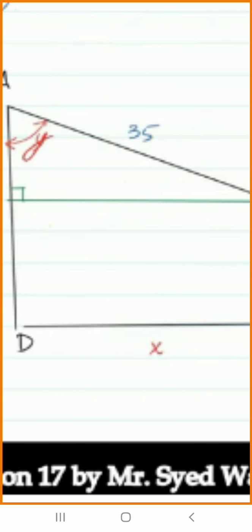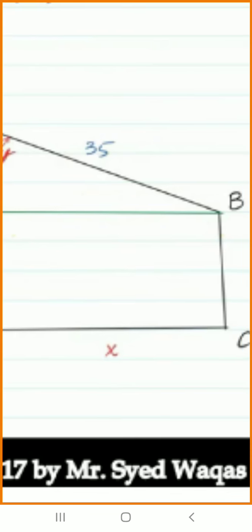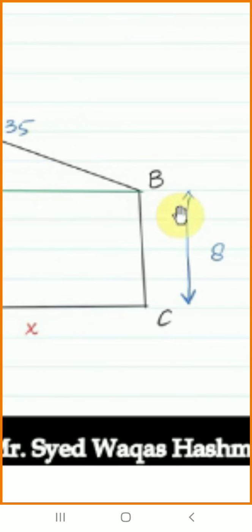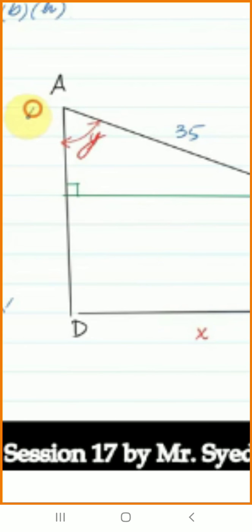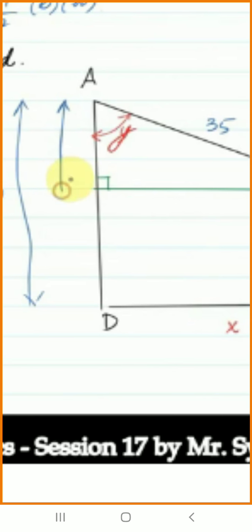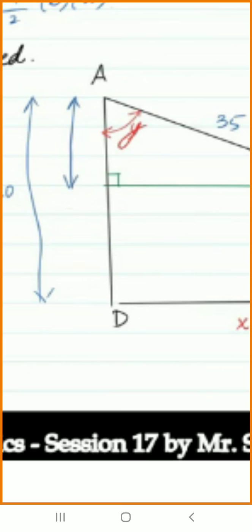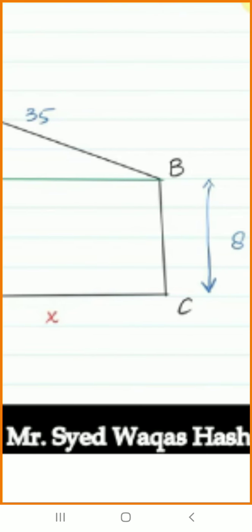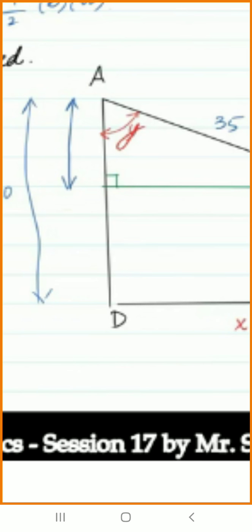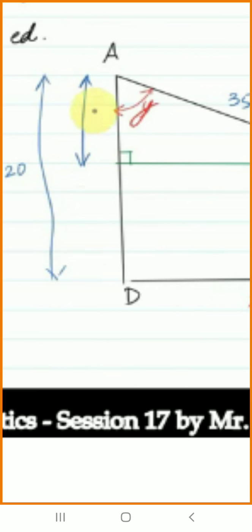Now the second thing: this total length is 20, and this length is 8, so you can find the length AP. The length AP will be 20, the whole length, subtract 8, so it's 12. Now you have the length AP, that is 12, right? We need to find the value of y.